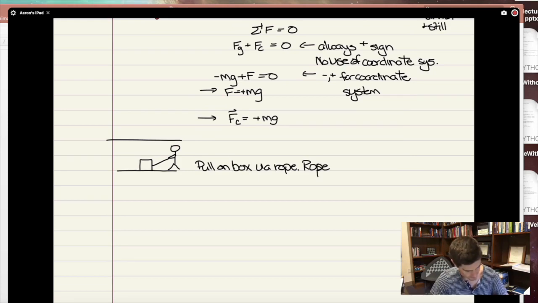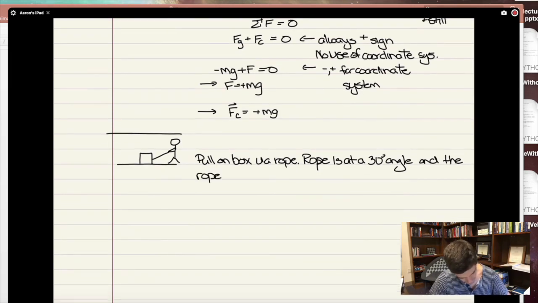Let's assume the rope is at a 45-degree angle with the horizontal. And let's make it not. Let's make it 30, my favorite. And the rope has a force of 10 newtons.